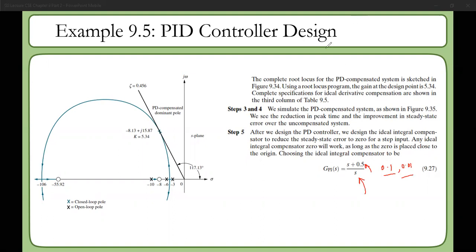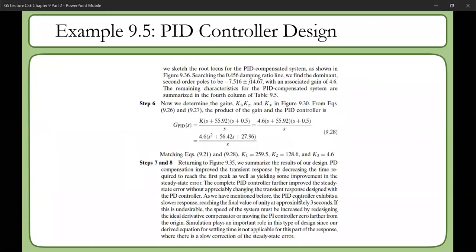Now the PID controller that we have is this. We have to be careful about the PD controller. Then the PI controller is just a suitable selection, and based on that, you can find the value of your PID controller.